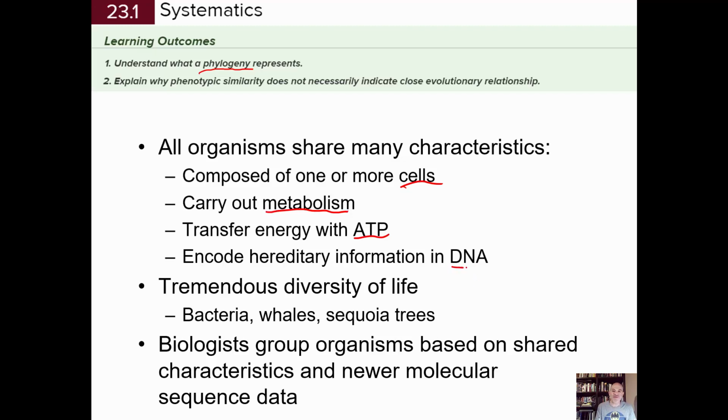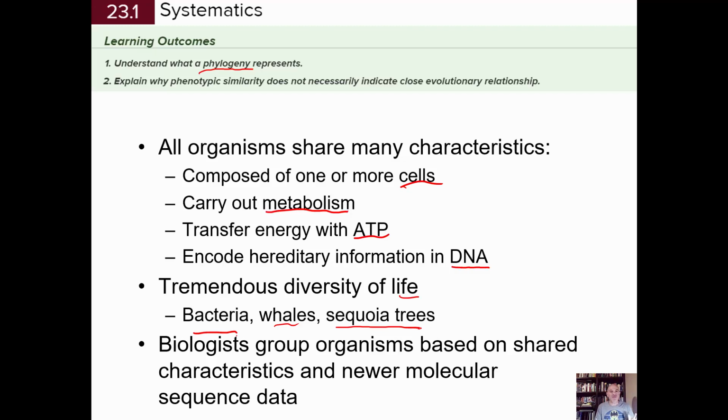And all life uses DNA as genetic information for running the show, and how the organisms develop and running their metabolism and so on. There is quite a bit of diversity of life here, from the most microscopic and somewhat simpler in structure bacteria to some of the largest multicellular organisms, including whales, and these giant sequoia trees, which are a type of conifer, cone-bearing trees that we'll study later.